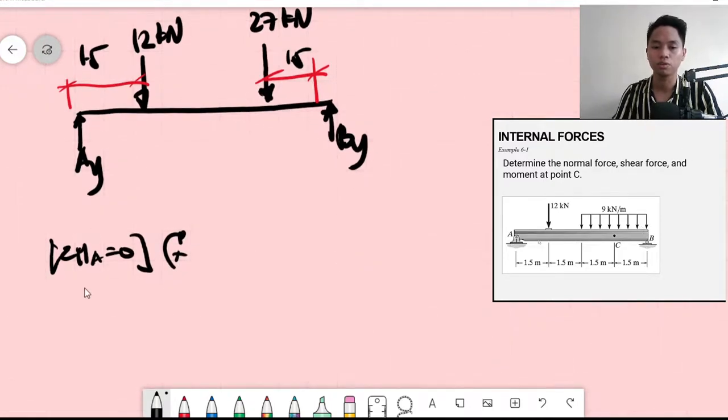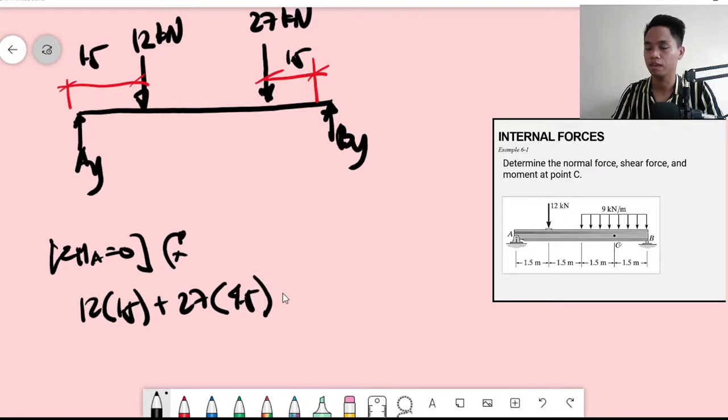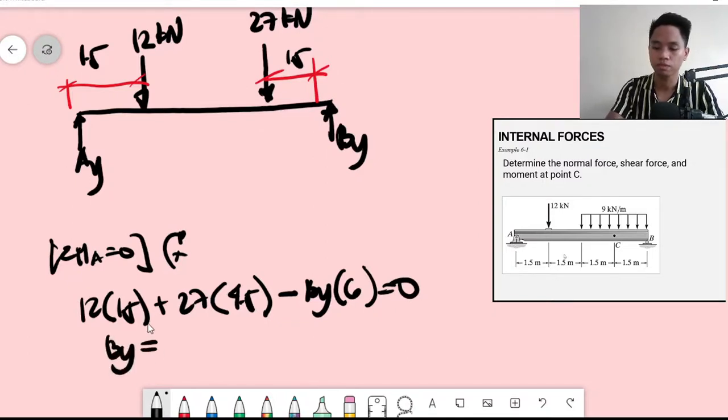So summation of moment A is 12 times 1.5 plus 27 times 4.5, minus BY multiplied by 6, equal to 0. Therefore BY is 12 times 1.5 plus 27 times 4.5, divided by 6.